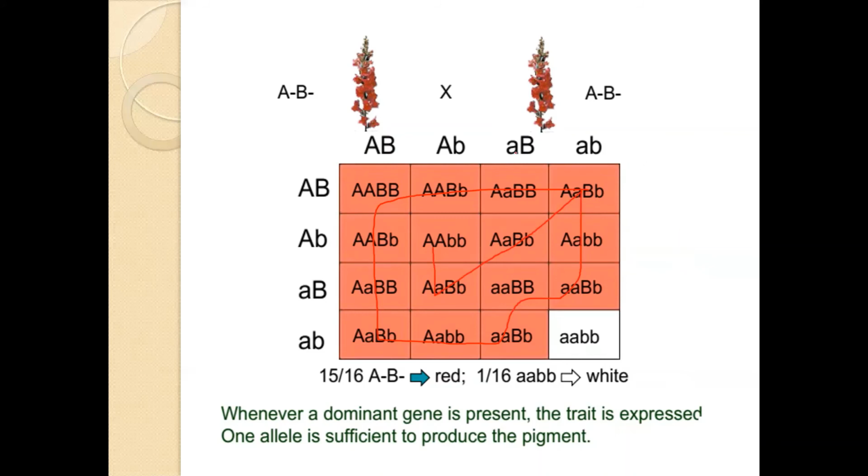So in this whole checkerboard, every plant except this one, where both of the genes are in a homozygous recessive condition, has a minimum of one dominant A or dominant B. That is why whenever a dominant gene is present, the trait is expressed. One allele is sufficient to produce the pigment.